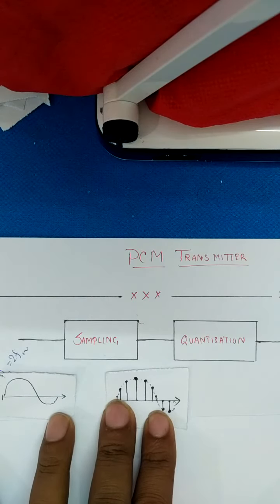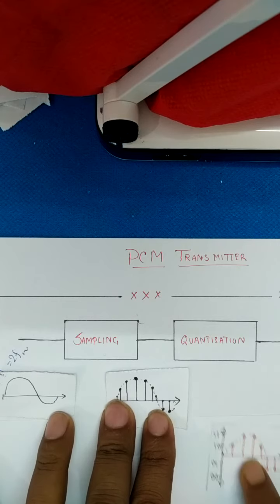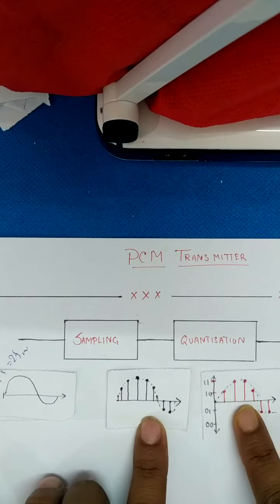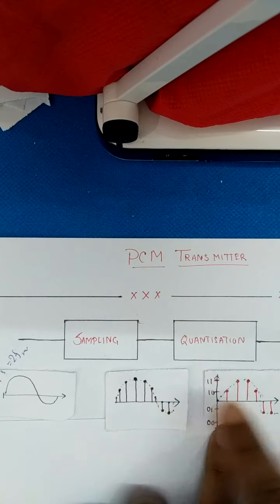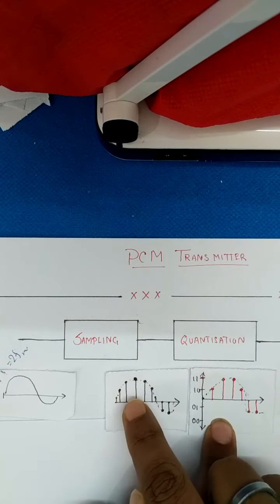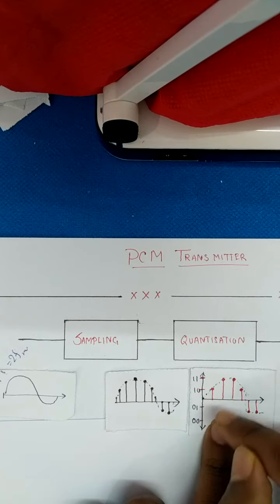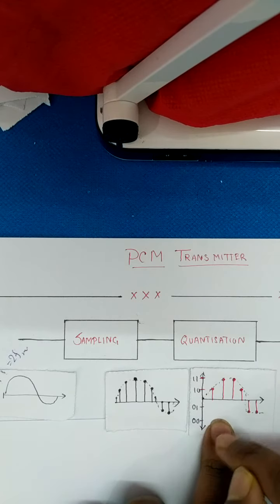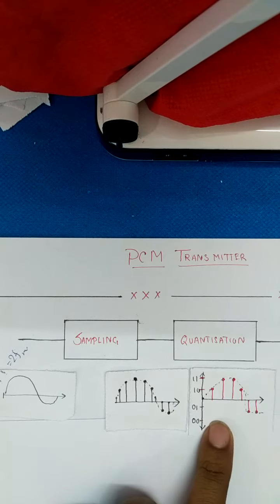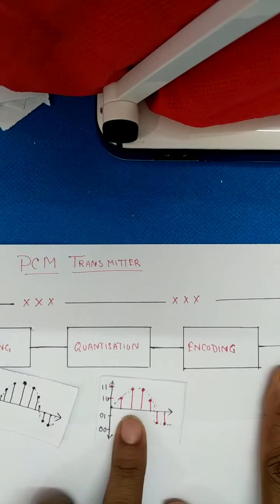We need a definite number of levels. So this is converted into these quantized levels, where we have converted each sample into its nearest level, and we have represented it in its 4 levels. So from now here we need to encode them.